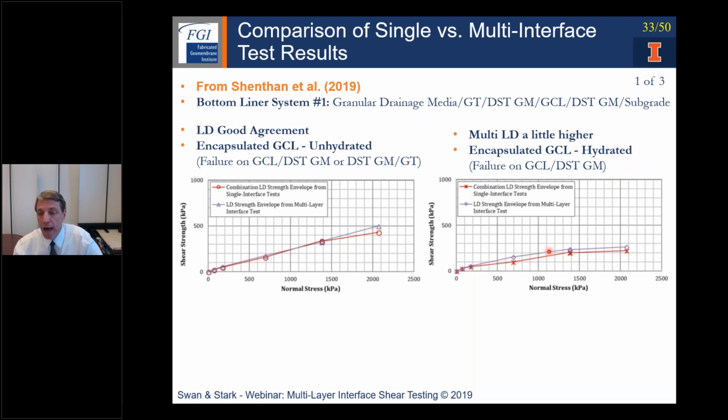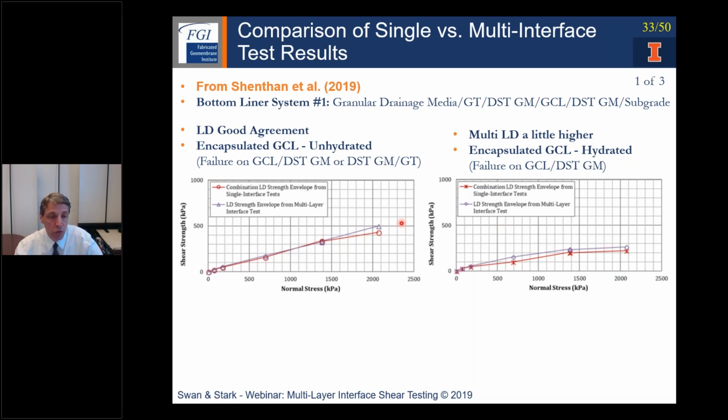Now, if we go to the hydrated encapsulated GCL, notice the combination strength envelope plots just a little lower. It depends. Sometimes the multi large displacement is a little higher, as Rob mentioned, sometimes just a little lower, but pretty good agreement with large displacement between single and multi.